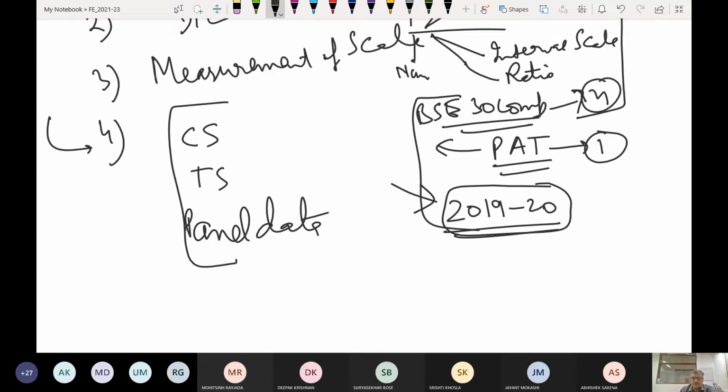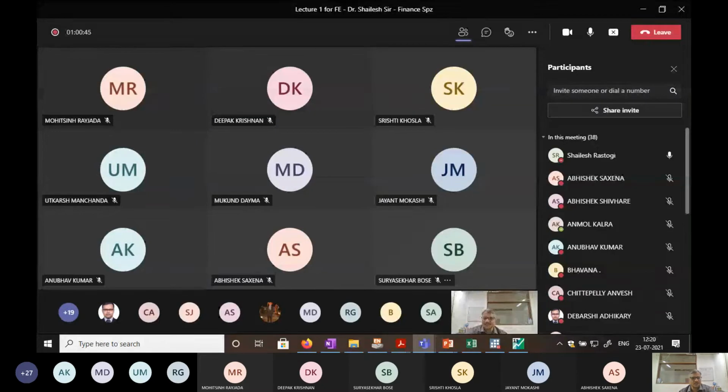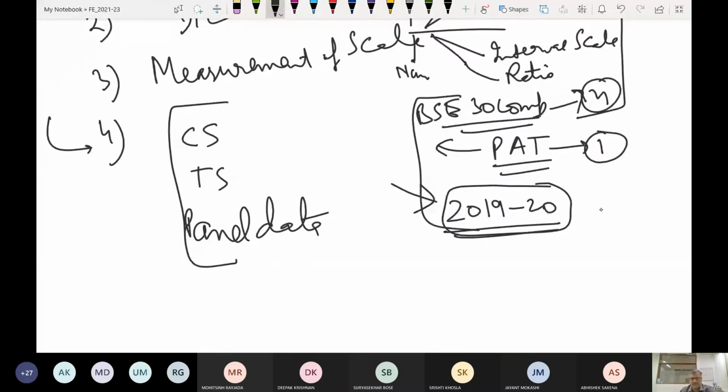This is an example of cross-sectional data. As Abhishek said correctly, it is at a particular point of time, and you may have not only PAT but also sales and operating profit. I guess you attended my class day before yesterday. So you have sales, operating profit, and PAT. Now how many variables do we have?